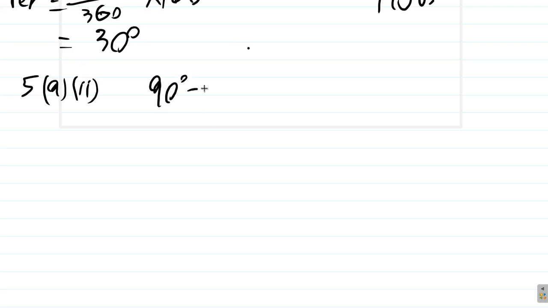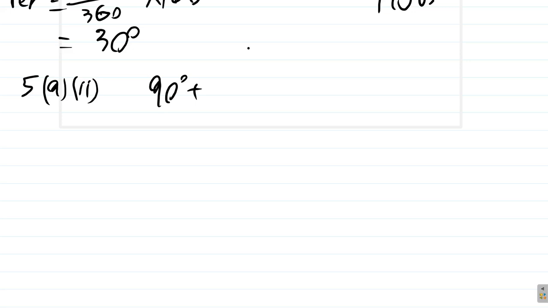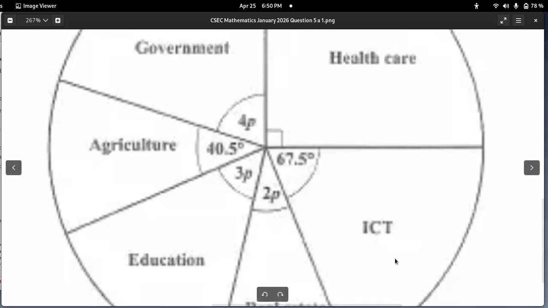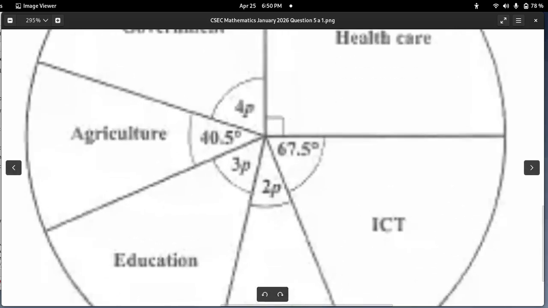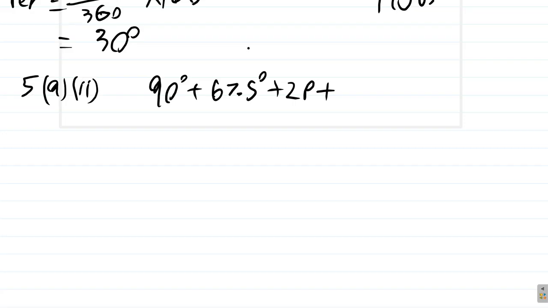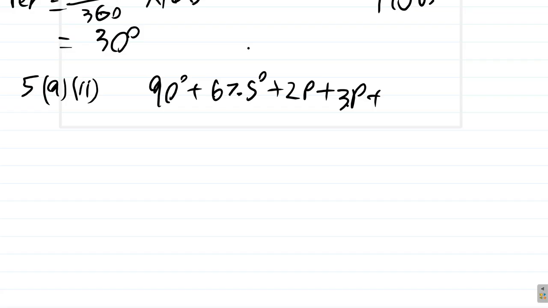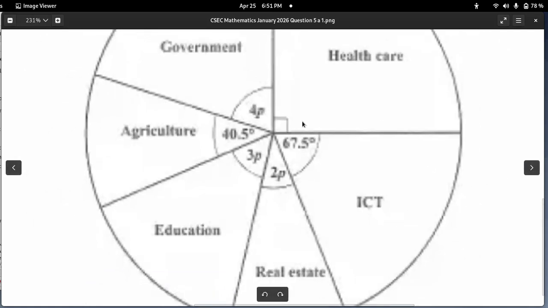So you have 90 degrees plus 67.5 degrees for ICT, plus 2P degrees for real estate, plus 3P degrees for education, plus 40.5 degrees for agriculture, remember these are degrees too, plus 4P degrees for government.